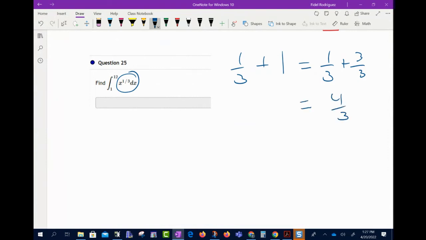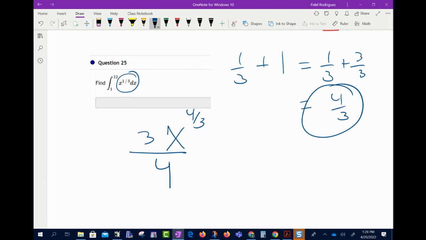And isn't that going to be 4/3? So look what we're going to have. X to the power of 4/3. Now, we have to divide by that same power. But if you remember, dividing by fractions is the same thing as multiplying by the reciprocal, right? Now, again, y'all, we're going to evaluate this from 12 to 1.